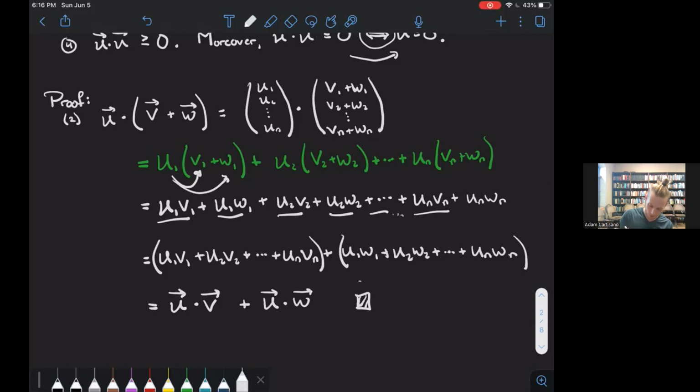By the way, this symbol is a tombstone. I think it's because they lay the problem to rest, or the proof to rest. I'm not sure, but it used to be, I almost wrote R.I.P., it used to be QED.